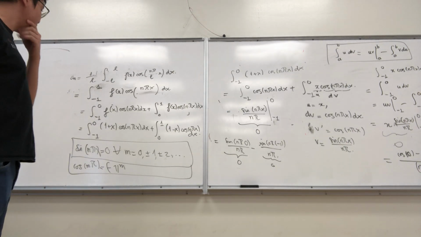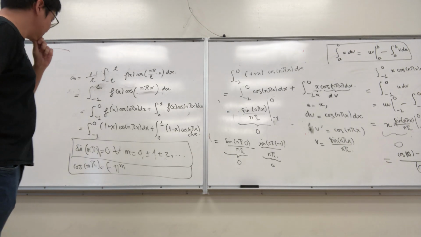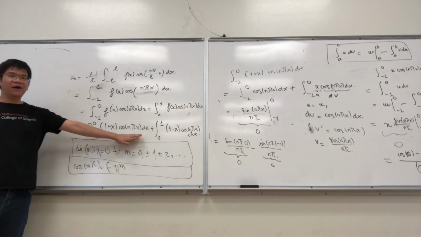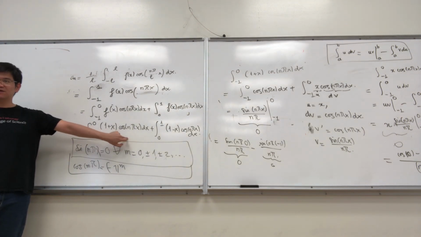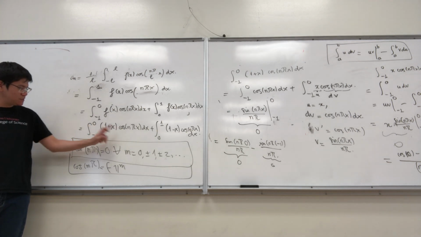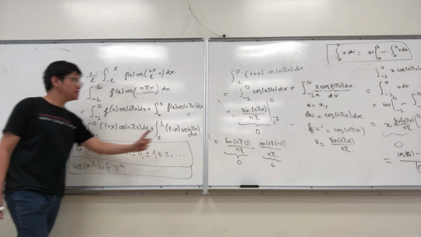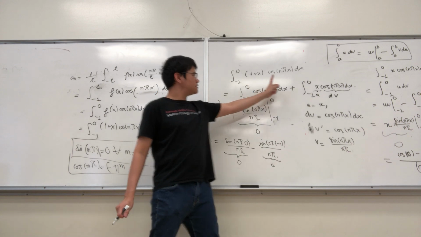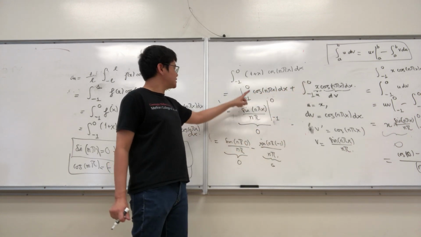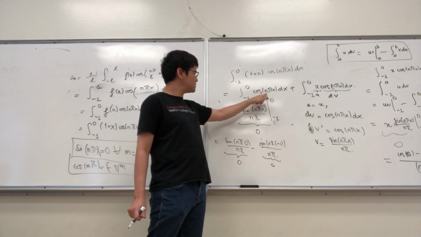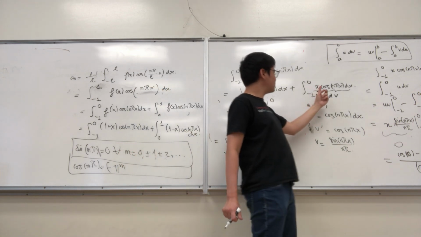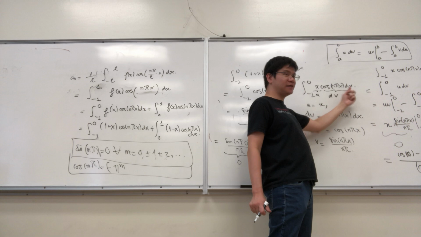Right, so let me explain again from the beginning. Now I have to compute the first guy. This is just the first guy, and this is a lot of computation. So the first guy is the integral of 1 plus x cosine n pi x dx. So I'm going to split this into the integral from minus 1 to 0 of cosine n pi x dx, and the second one will be x cosine of n pi x dx.